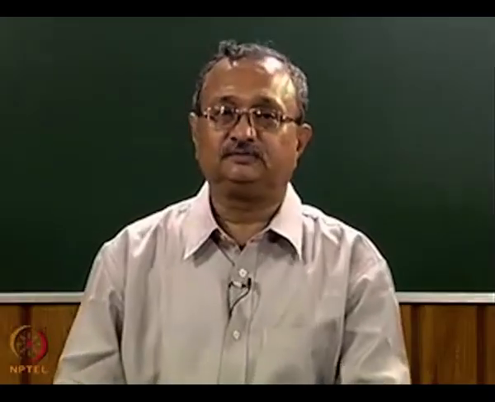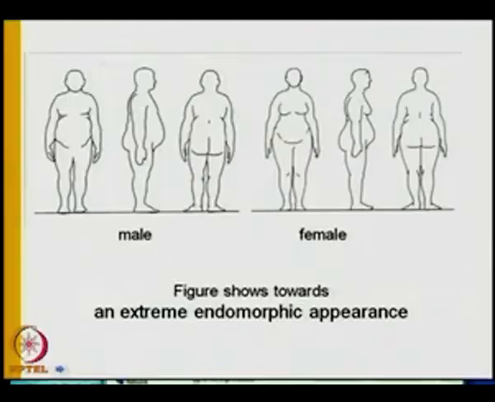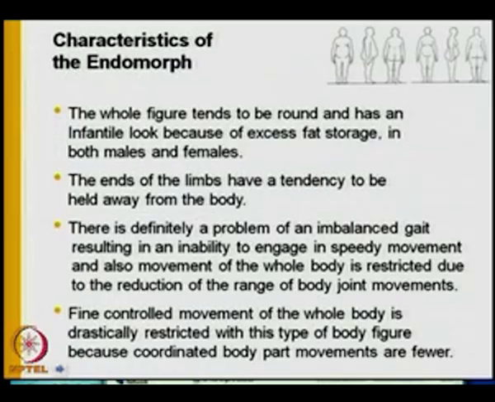Now, if we see the extreme figure types, first an extreme endomorphic appearance, fatty. We can see the figures front, side and back. The figures look like this for males and for females. Now, what problems do they have?